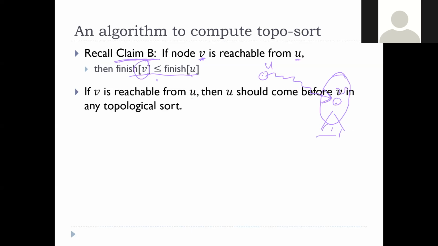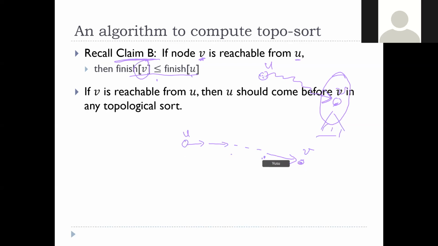On the other hand, if you have a path from U to V, namely V is reachable from U, then in the topological sort order, what's the relation between U and V? Well, you have a path going from U to V, and along this path, this one has to come before V, and this one has to come before this, and so on.